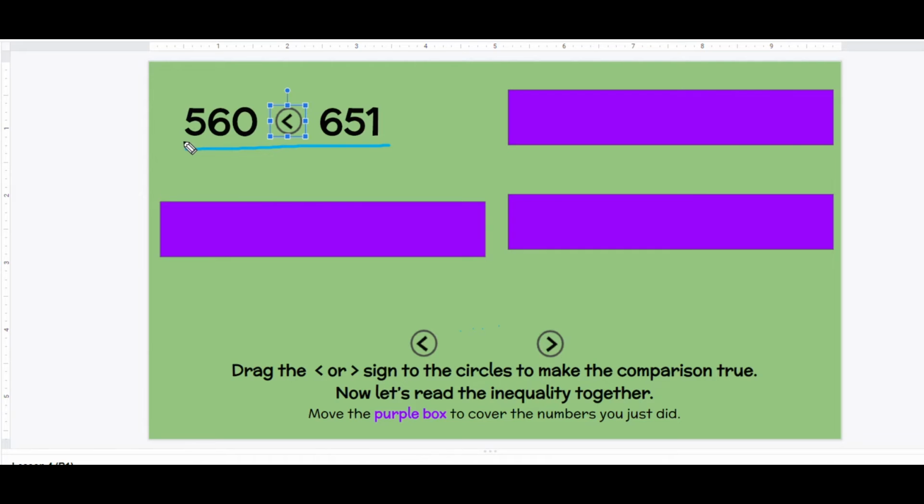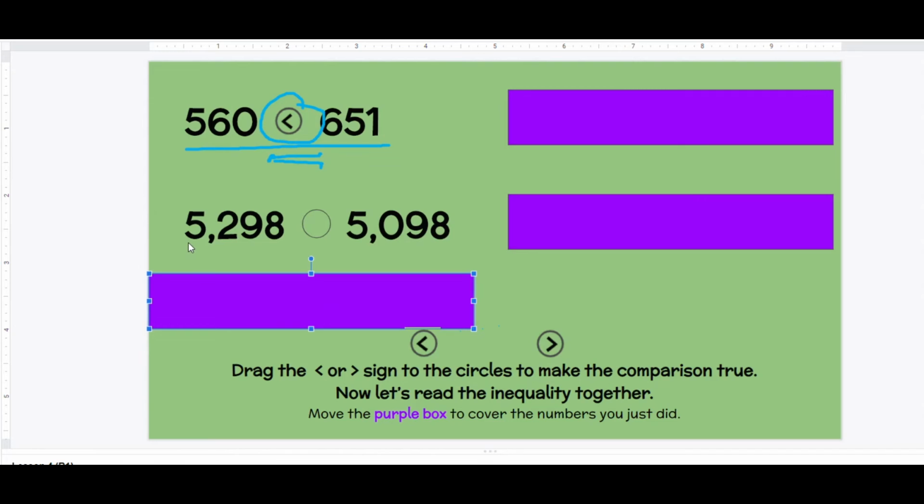Class, read it with me. 560 is less than 651. If they don't remember what symbol to put there, then we would say, boys and girls, is 560 less or greater than 651? It's less, so we're going to put 1 dot. This number is greater. Now connect. That tells us we need the less than sign. Then we move the purple tile.